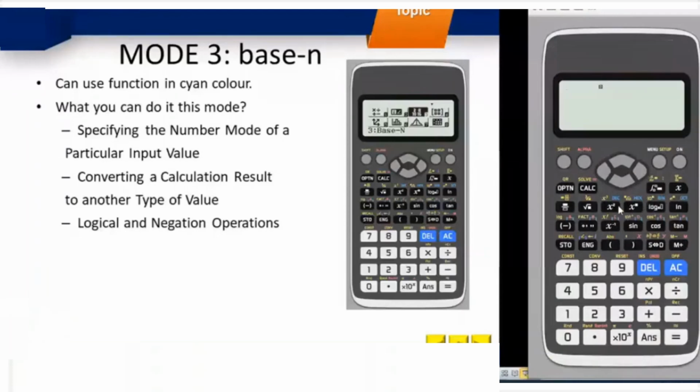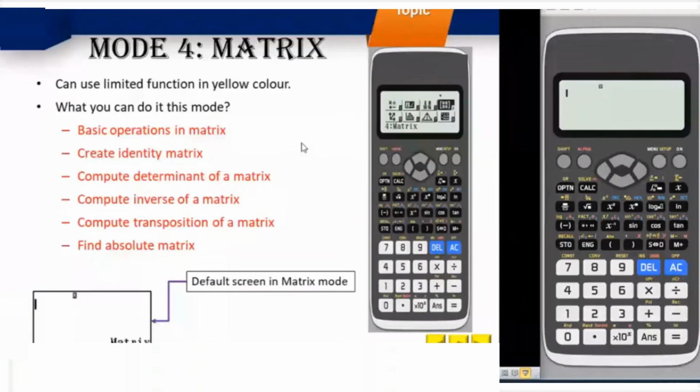These numbers are applicable in base n, and the blue buttons are applicable through base n, that is mode 3. But once again, since it is not directly related to math online, we did not enter into this mode, and we will not be discussing that any further.